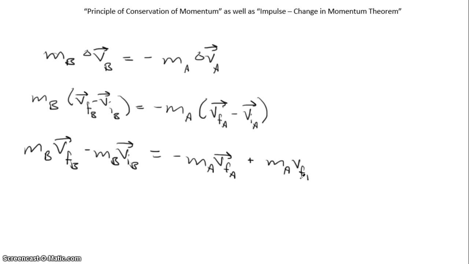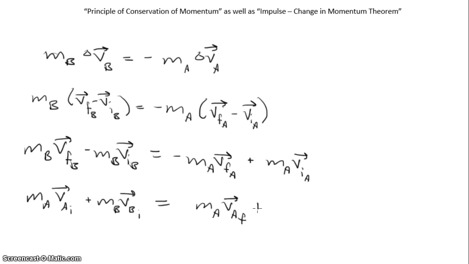V initial A. Okay, maybe it doesn't look super clear yet, but I could rewrite this as mass A VA initial plus mass B VB initial equals mass A VA final plus mass B VB final.